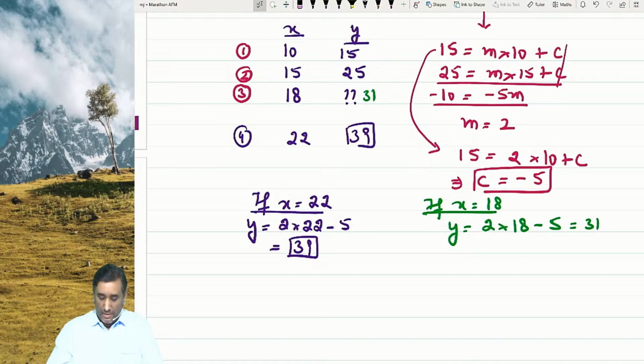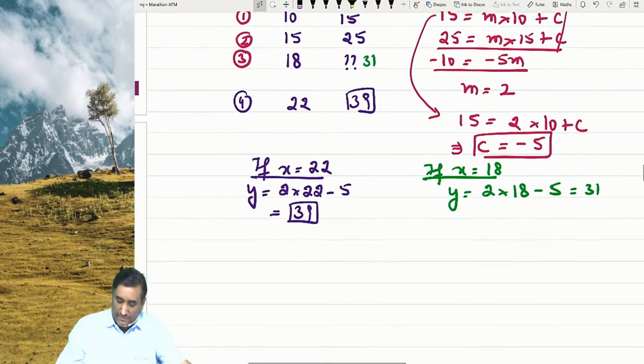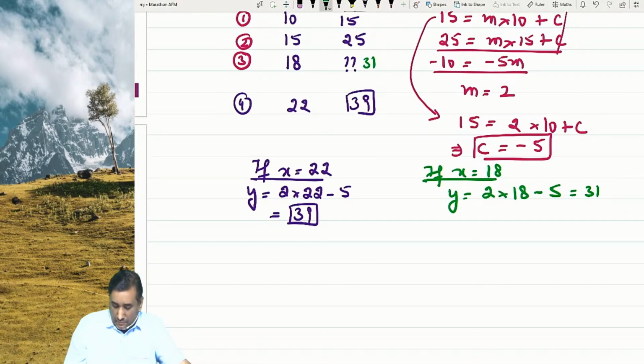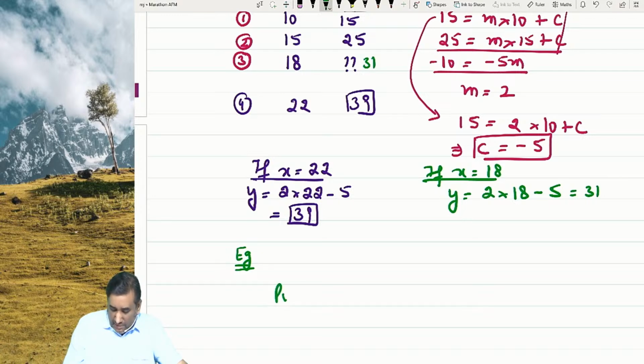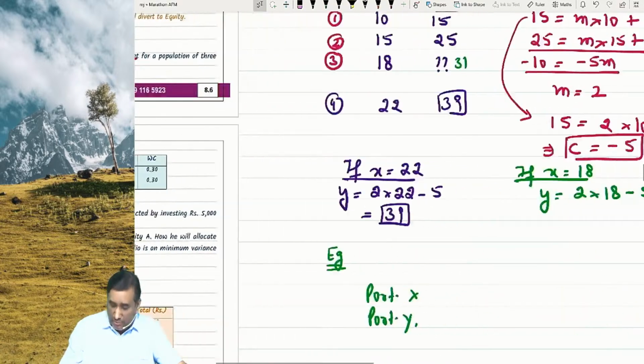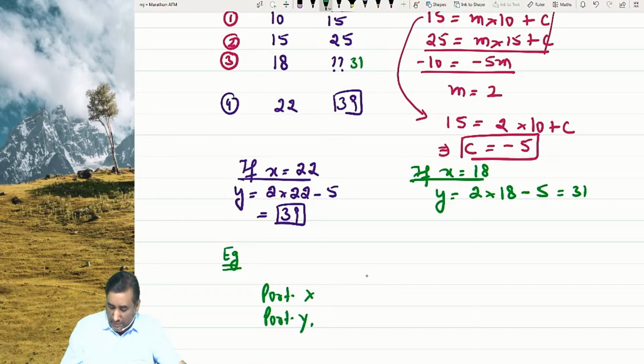Done. Now I am putting an example, in which I am putting some data points. There is a portfolio X, portfolio Y. Actually this data I am using of the question only, so that the question would also be getting solved accordingly.